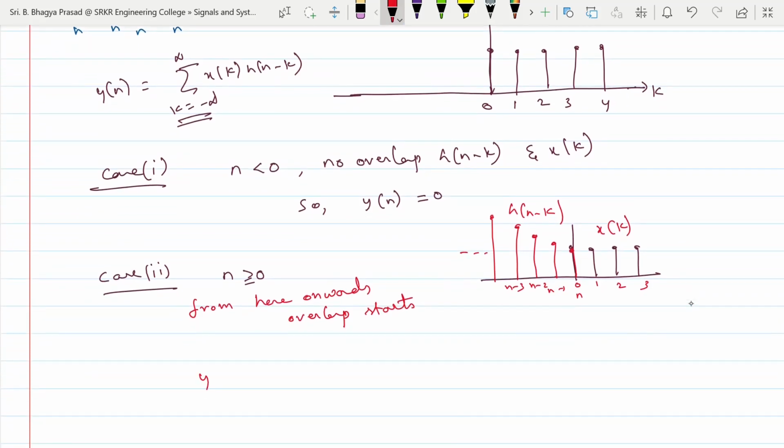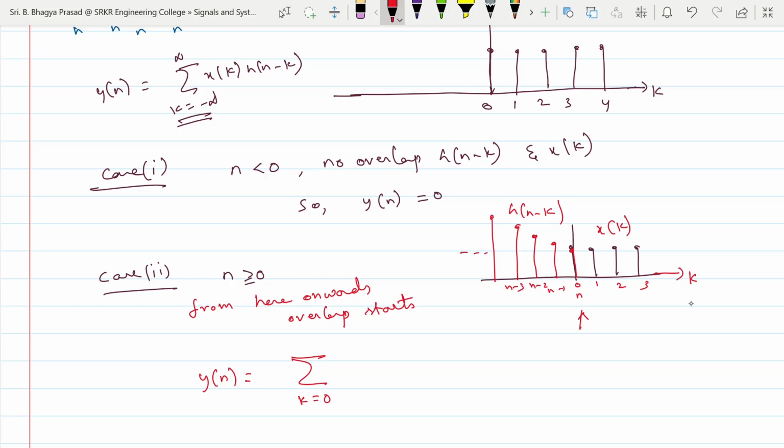So what is y of n? y of n is the summation, starting at k equal to 0. The overlap starts at k equal to 0; at that instant the overlapping starts.